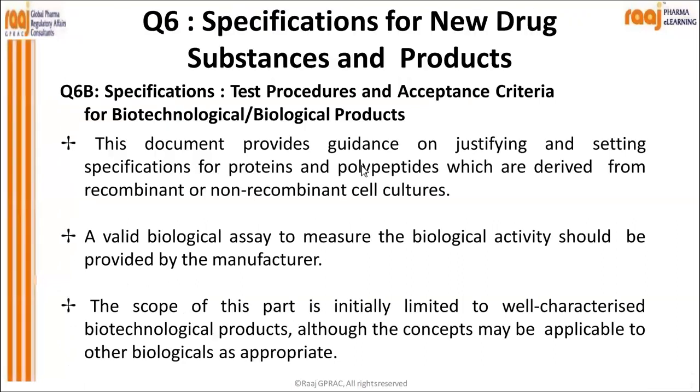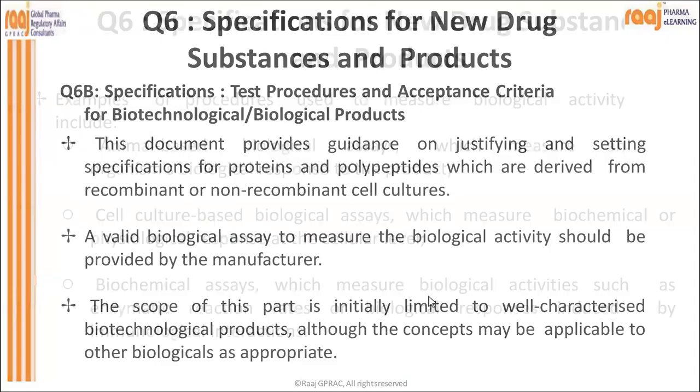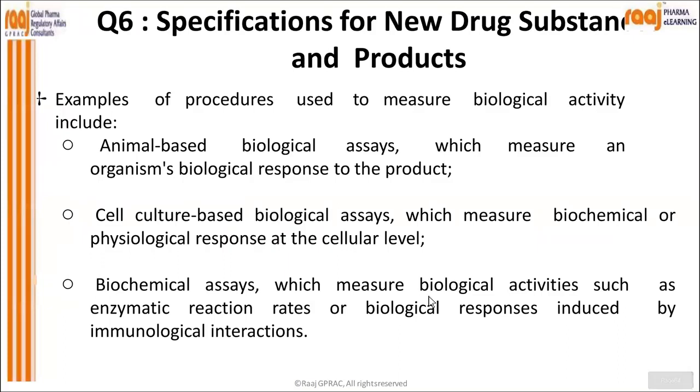Then Q6B talks about test procedures and acceptance criteria for biotech products. Examples of procedures used to measure biological activity include what? Animal-based biological assays, which measure an organism's biological response to the product. Cell culture-based biological assays, which measure biochemical or physiological response at the cellular level.